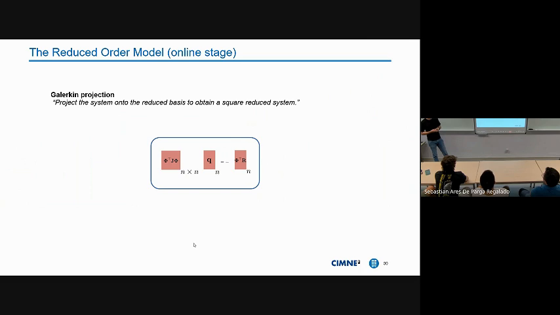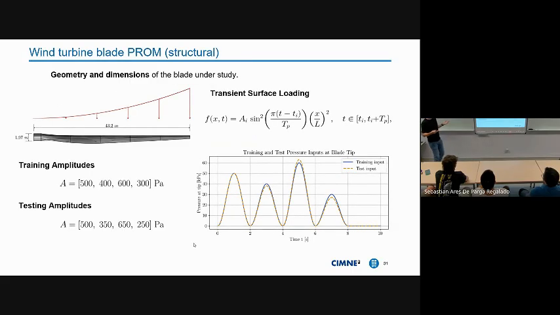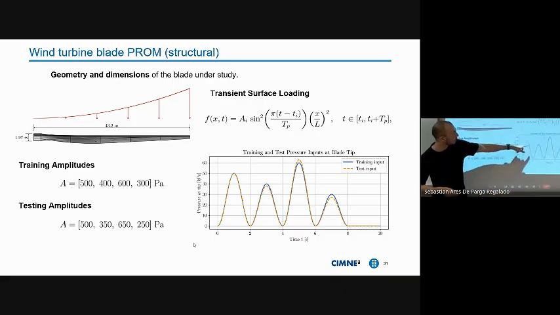So we have a huge improvement in terms of what we are solving. So let us go back to the problem. Now let us define some testing amplitude, something that the training of the reduced order model has never seen. In this case, I am not varying that much, but the input has different testing amplitudes than the ones in the training.